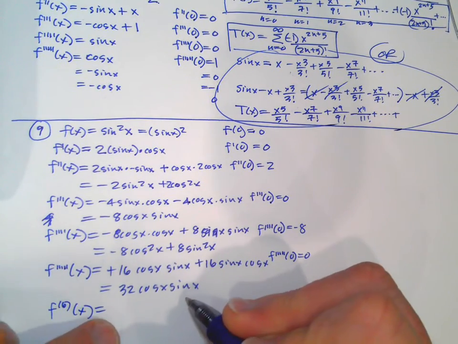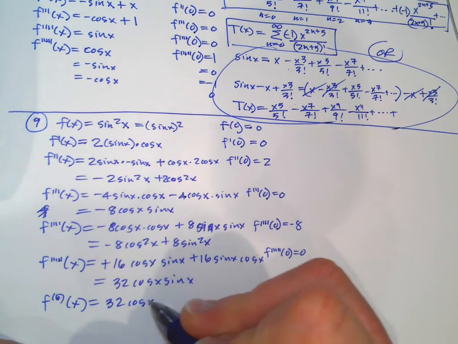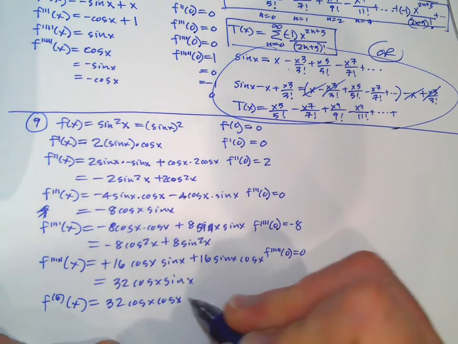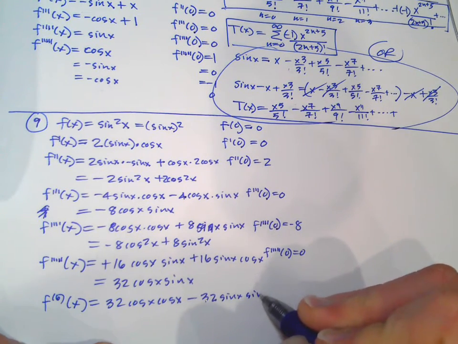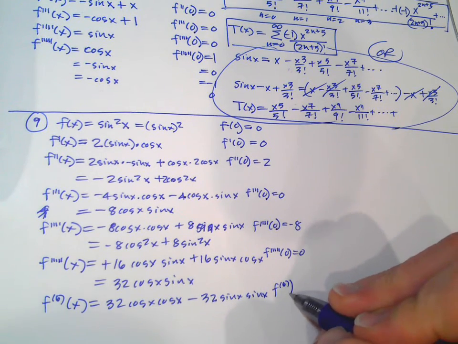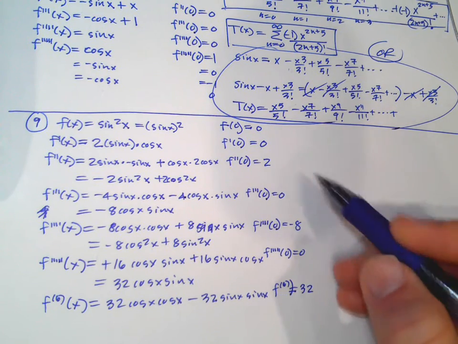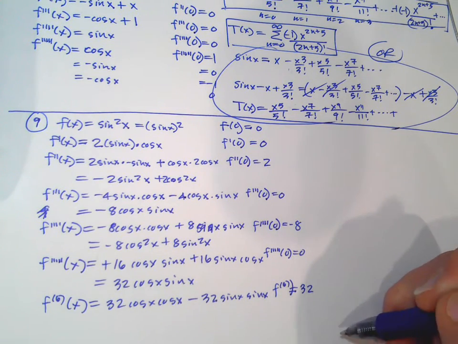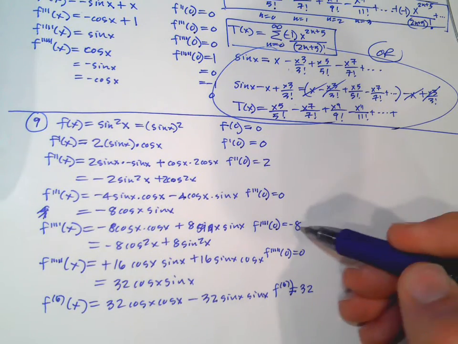Okay, so it's going to be another product rule. It's going to be 32 cosine minus 32 sine. Right, so it's going to be 32. So it looks like we're multiplying by 4 each time, and we're missing the middle terms, and we're getting alternating signs.